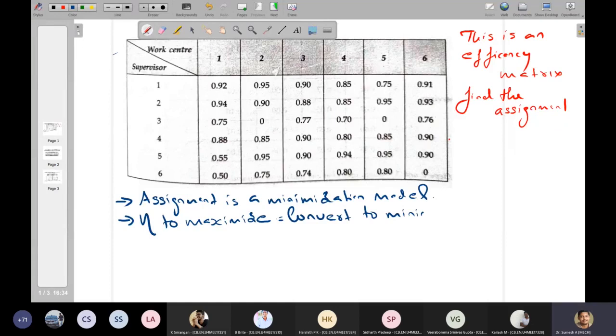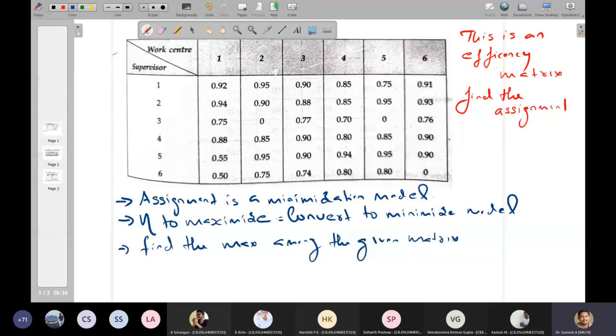Find the maximum among the given matrix and subtract all values from it. Okay, so what is the largest value we have here?